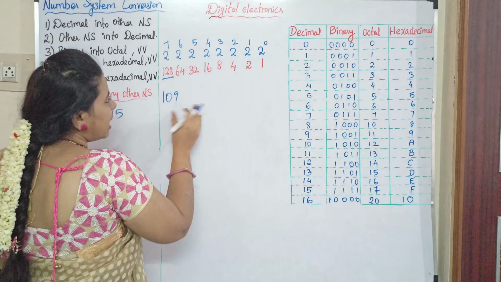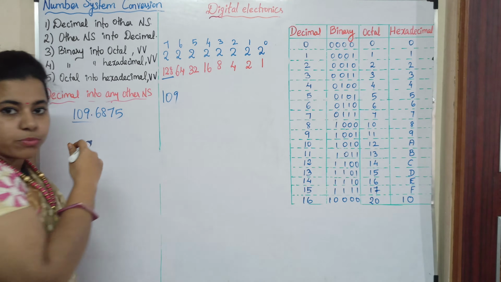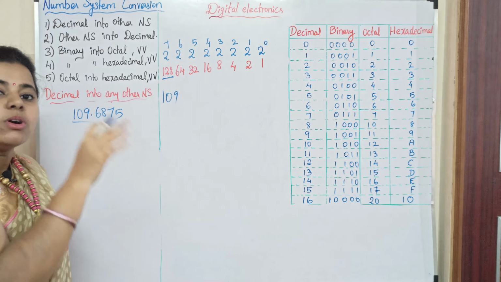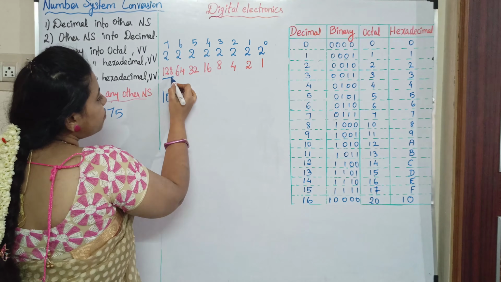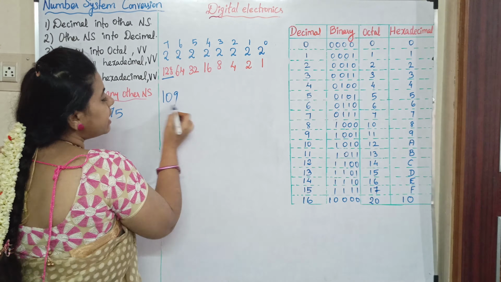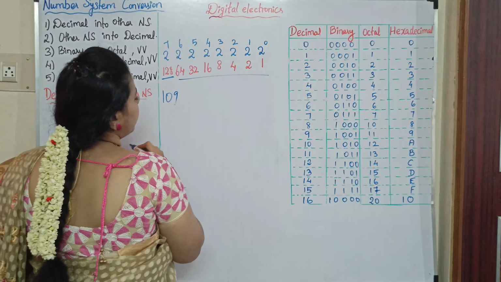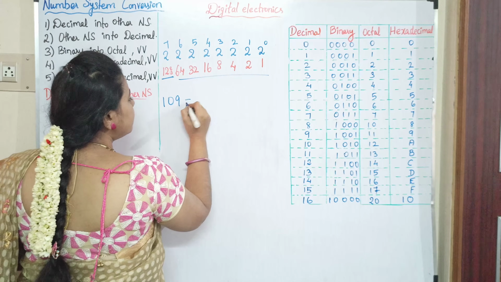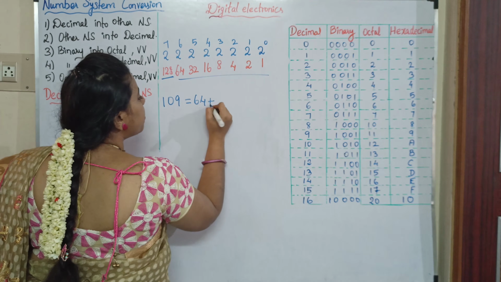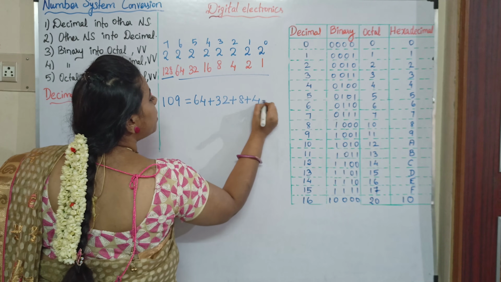So you need not consider values greater than 64. You have to consider values less than or equal to 64, because after 64 the value is greater than the integer part. Here I can write 109 as 64 plus 32 plus 8 plus 4 plus 1.